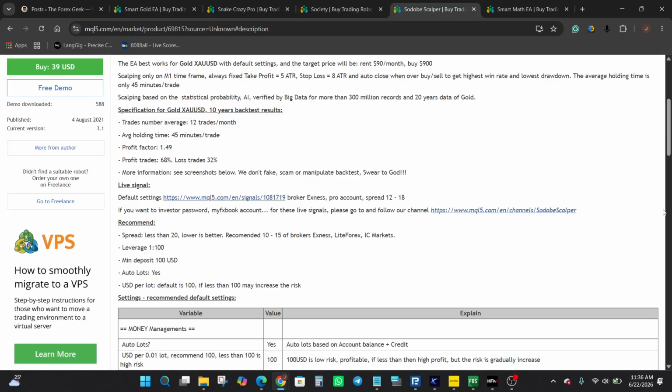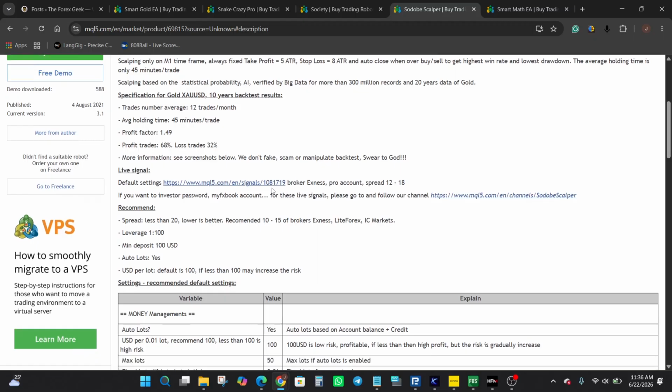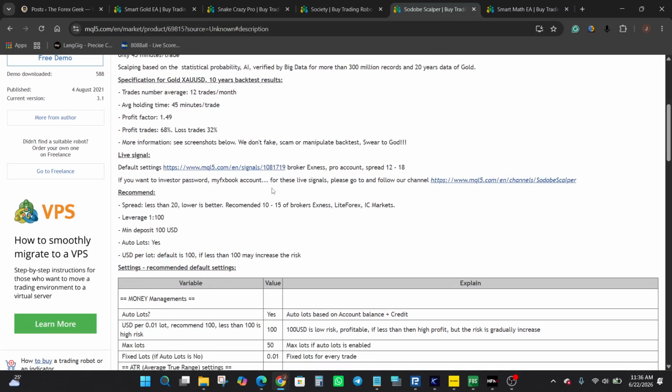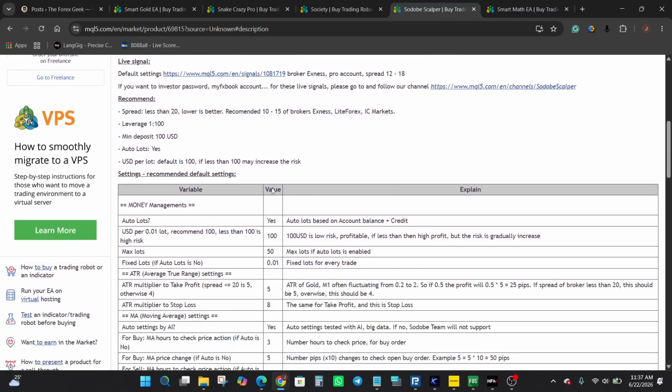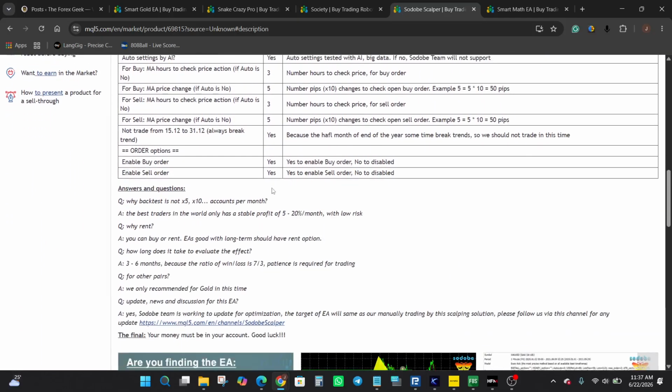Another feature worth noting is the option to avoid trading during the period from December 15th to December 31st, which the developer explains is intended to avoid unusual market behavior that may occur during the end of the year period.